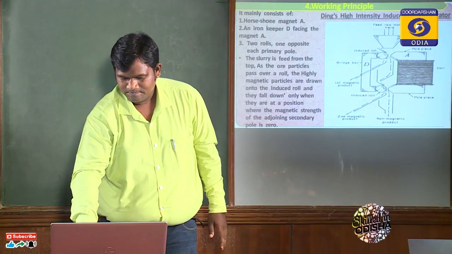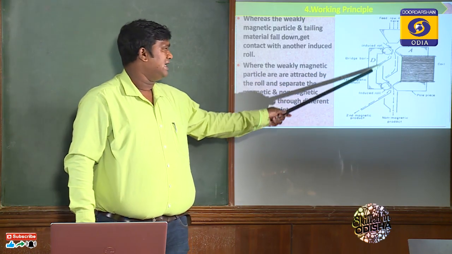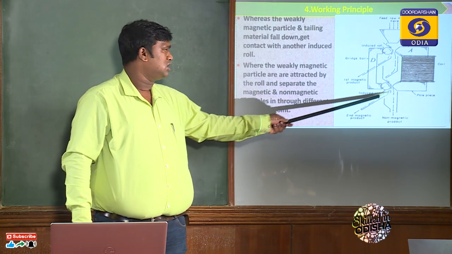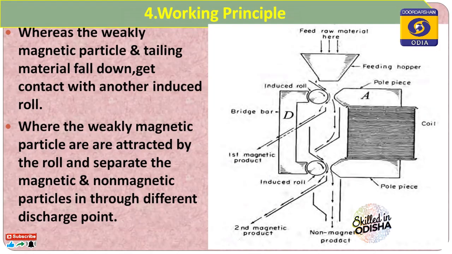Then the weakly magnetic particles and the tailings go to the bottom, where there is another induced roller, and there also they are separated into weakly magnetic particles and non-magnetic particles. The tailings and the weakly magnetic particles fall down and contact the other induced roller, where the weakly magnetic particles are attracted by the roller, and the magnetic and non-magnetic particles are separated through different discharge points.